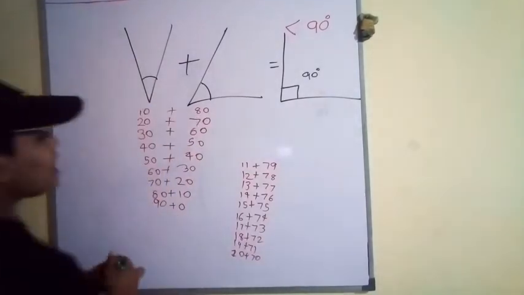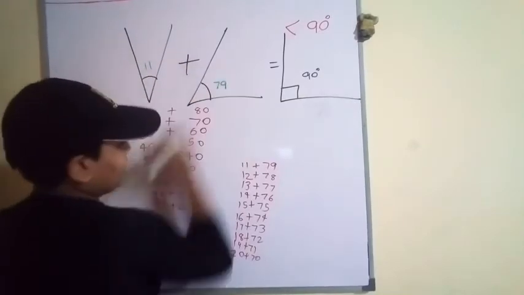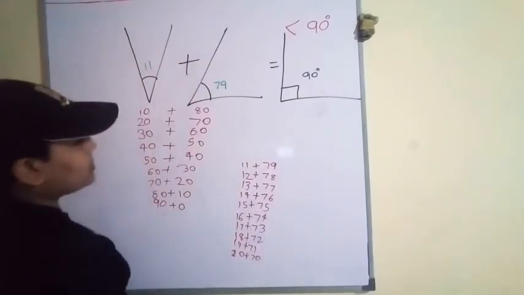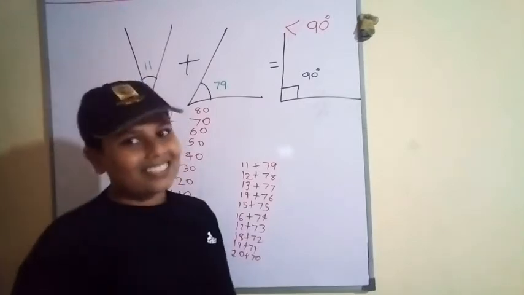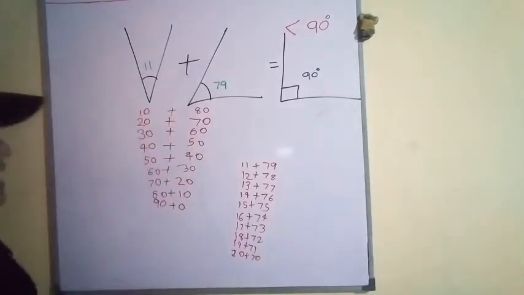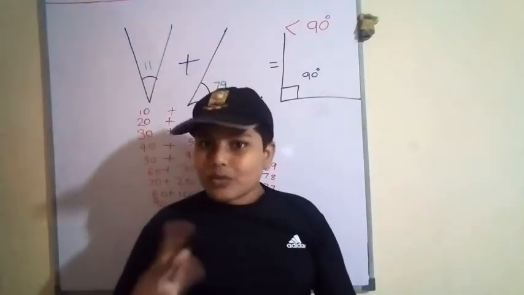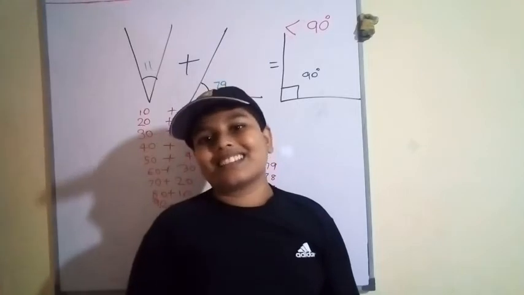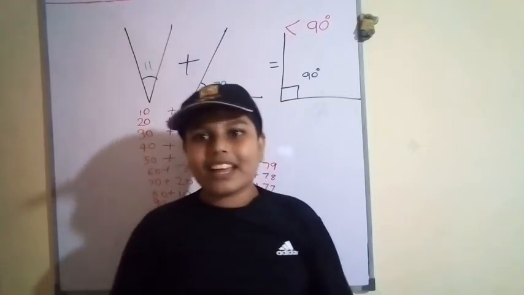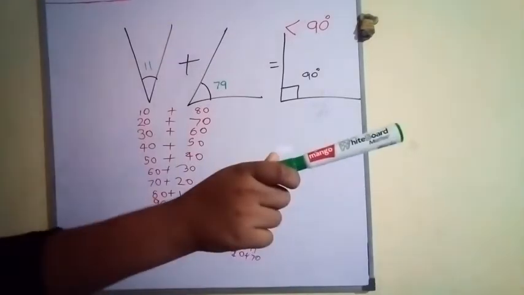This is 11, this is 79. You want to get two angles which are less than 90 degrees, right? Now that is the acute angle, the complementary angle.